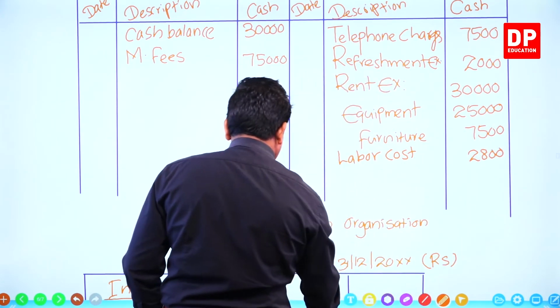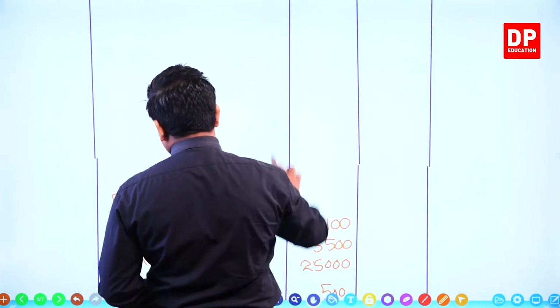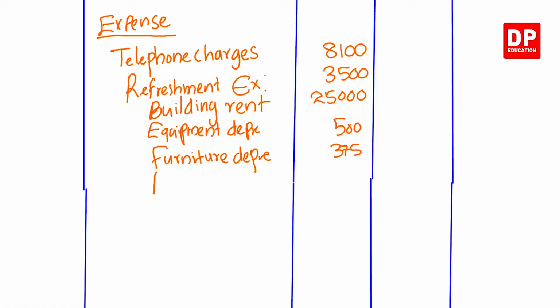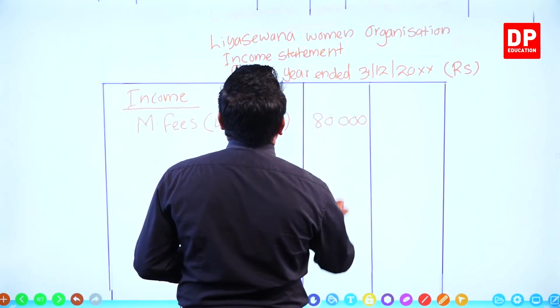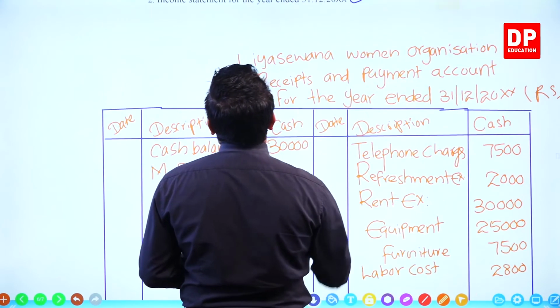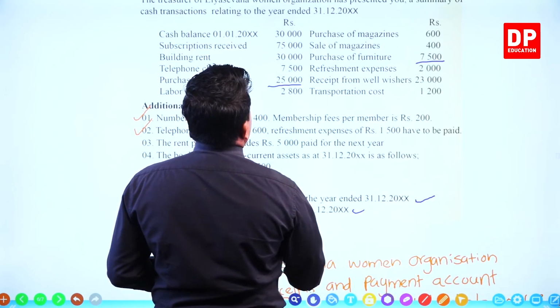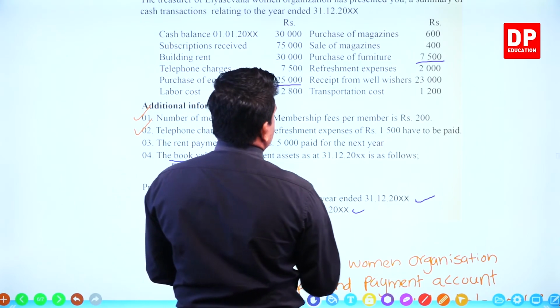You have to write it under the expense also. Labor cost 2,800. Next one, purchase of magazines 600.